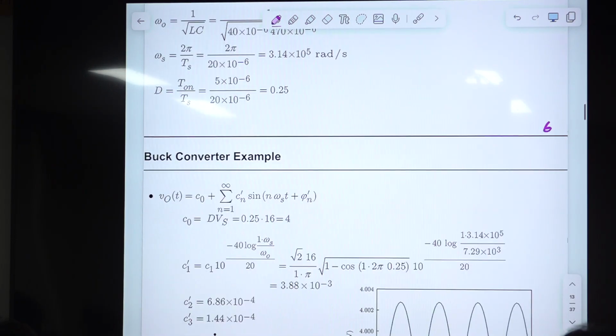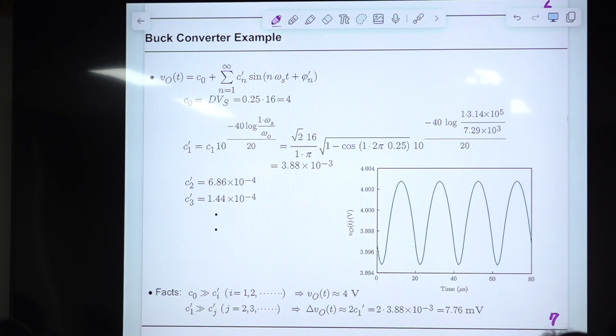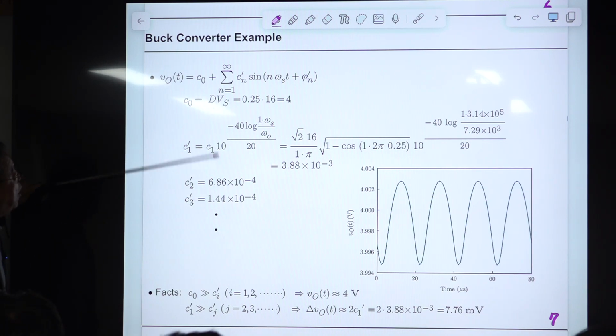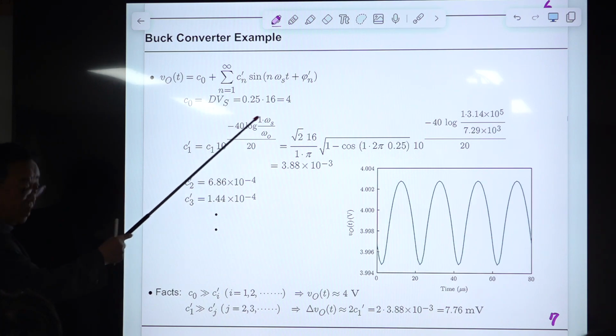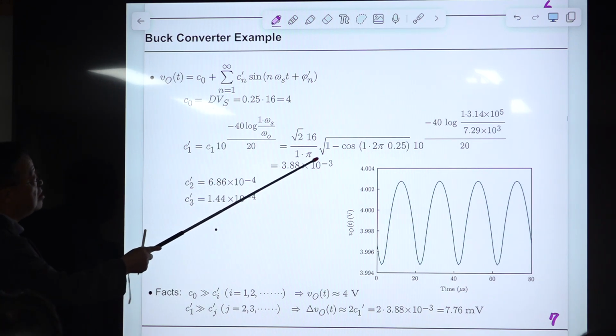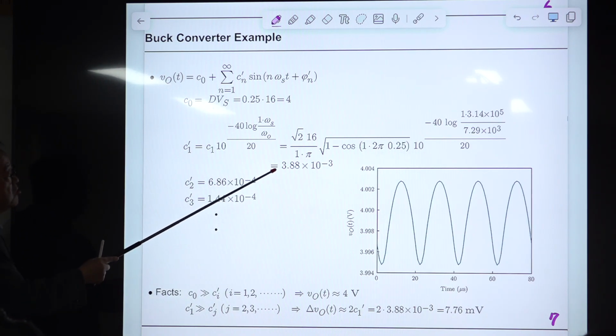And we calculate the harmonic components of our voltage. The DC component is 4, all right? The fundamental component contained in our voltage is this one. This is C1, given by the Fourier series of Vx(t). This is known, and this is what? The attenuation factor. And you know everything. So this D is this one, and you calculate this number.